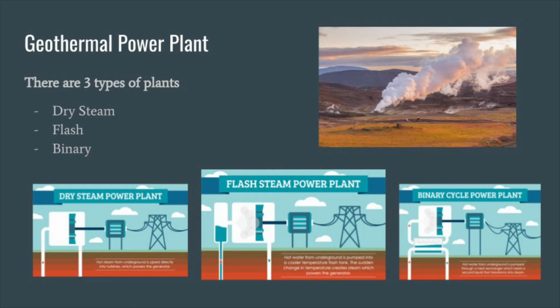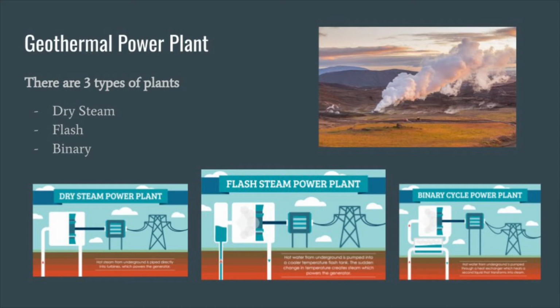Alright, let's go over our next type of power plant. This is going to be the flash steam power plant, as seen in the middle. It takes water from the Earth's surface and places it into a flash tank with cooler water temperatures. From the difference in the pressures, it creates steam within the water that is then cycled into the turbine, as seen in the picture, and then the turbine will turn to create energy within the generator.